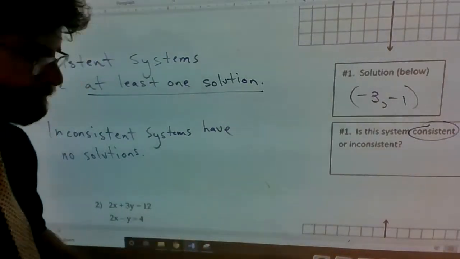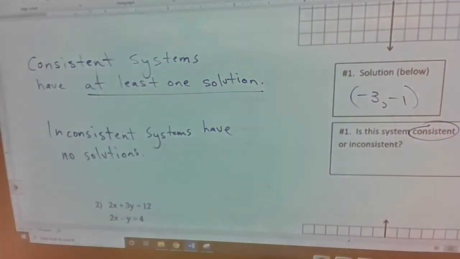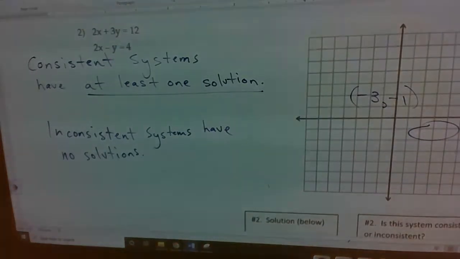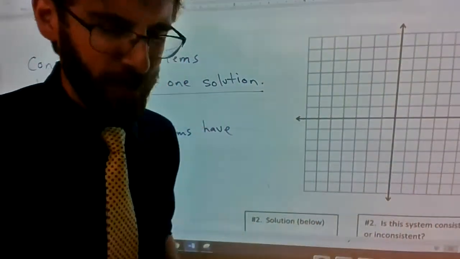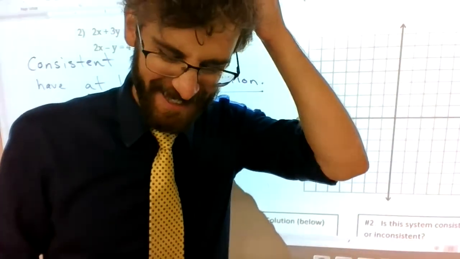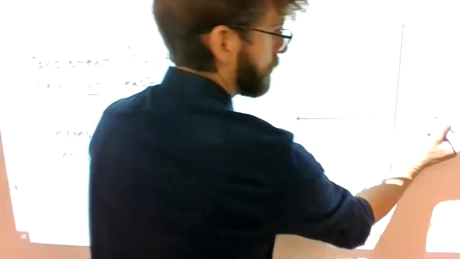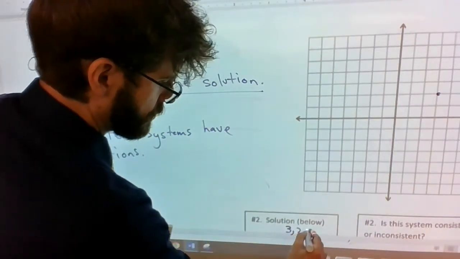Let's check number 2. Oh boy, what was the solution to this one? I think it was 1 point, right? 3, 2. Where they intersected. So 3, 2.